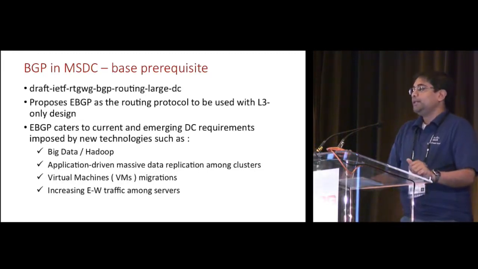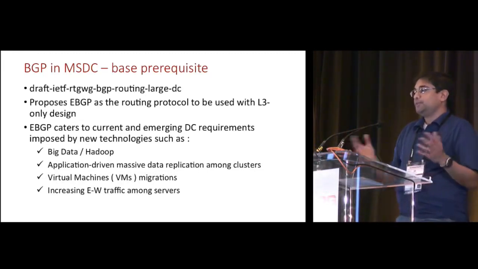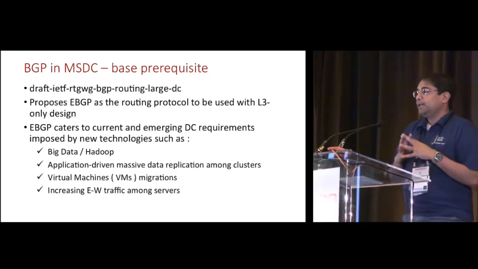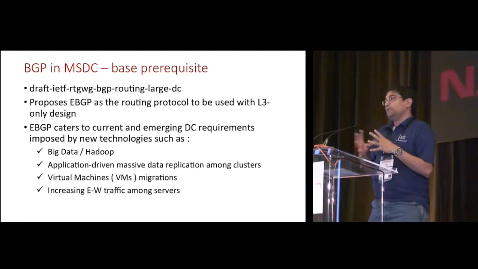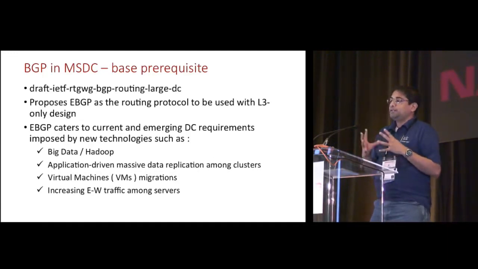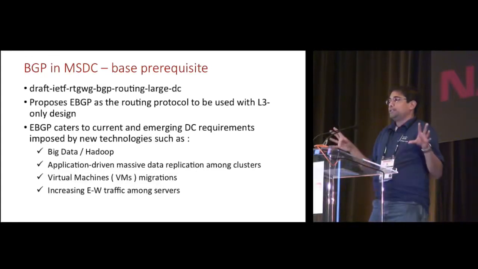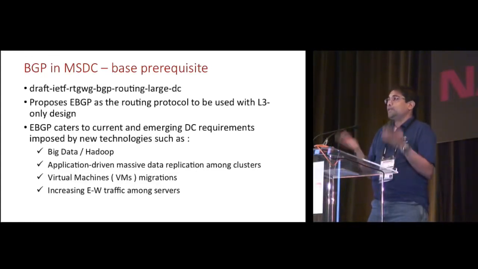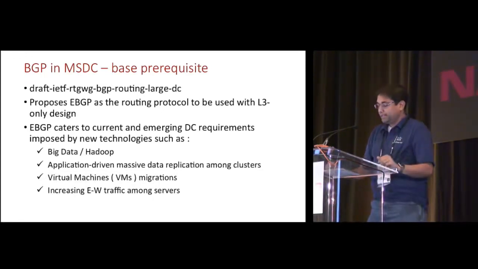It is because of the rise of virtual machines, the virtual machine migrations, big data, and essentially the increase of application-driven traffic in the data center, and a lot of east-west, the inter-server communication, vis-a-vis the classic north-south, which used to come and go in the TORs and the DCIs.